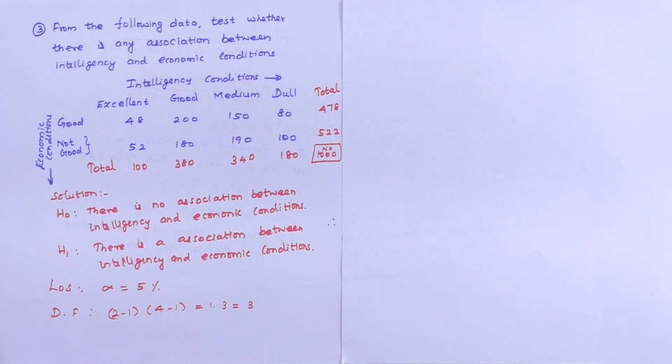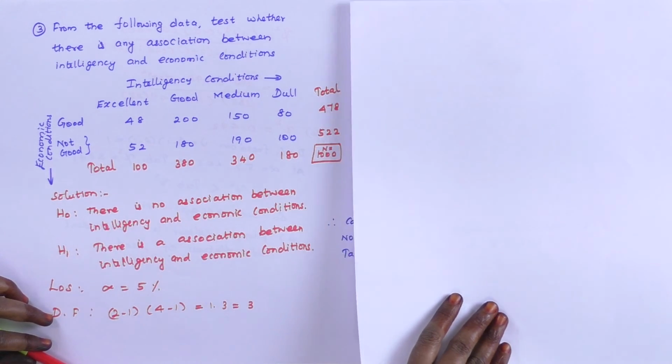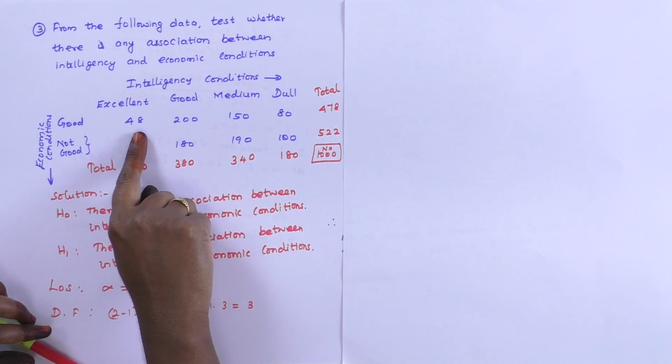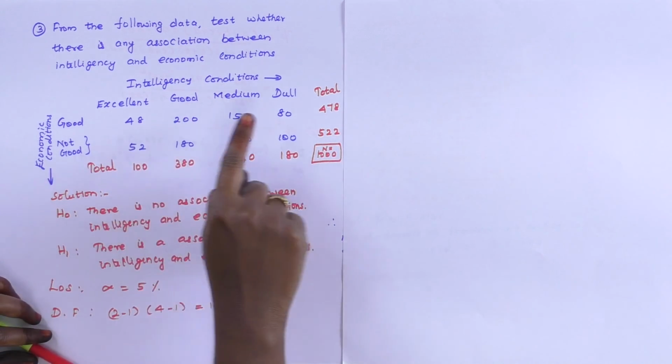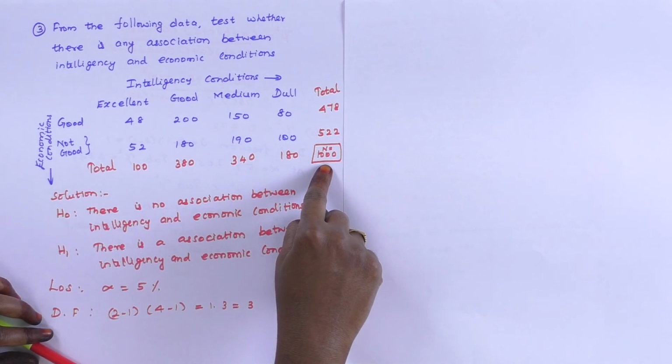Here rows and columns are unequal, so we can't apply the 2 by 2 contingency table formula. At each position, we calculate the expected frequency, that is row total into column total divided by total number of frequency.